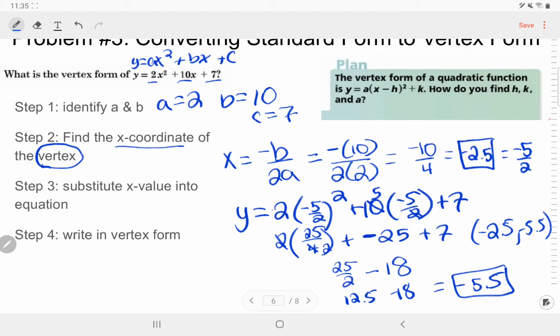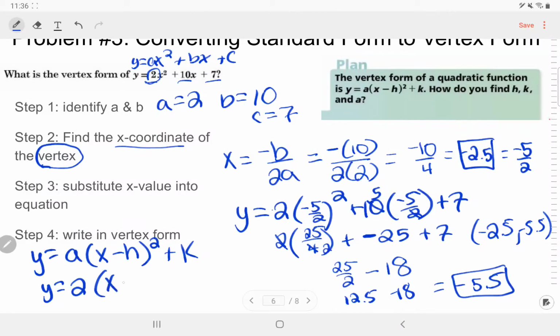And the last step is we're going to substitute that into our equation here. We have y equals a times x minus h squared plus k. We know our a is that positive 2 up at the top of the equation. So we know y equals 2 times x minus, the x value was negative 2.5, so that's actually going to change to a plus sign.